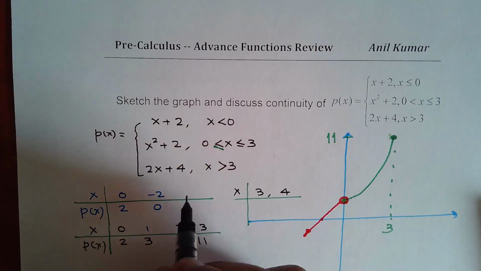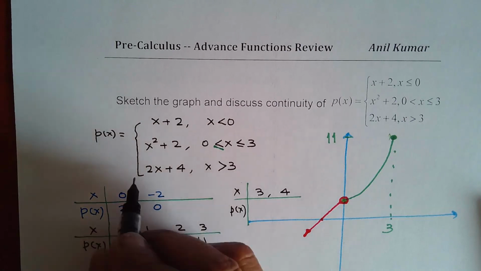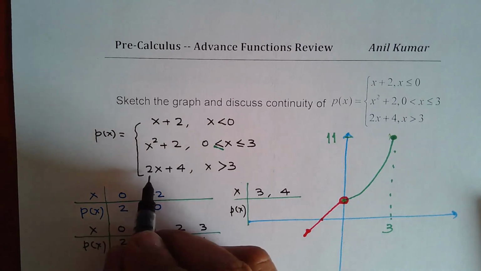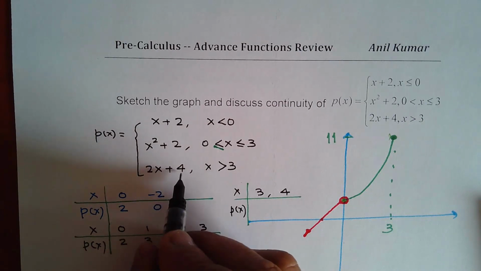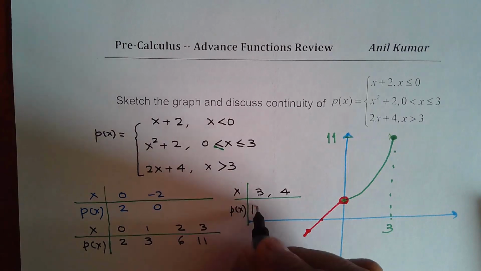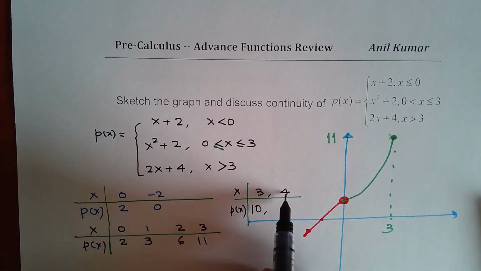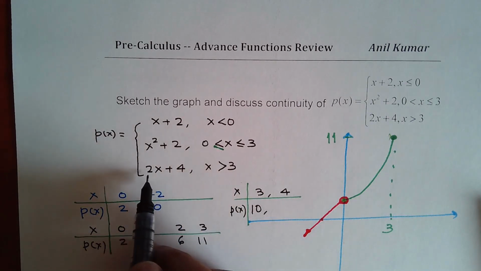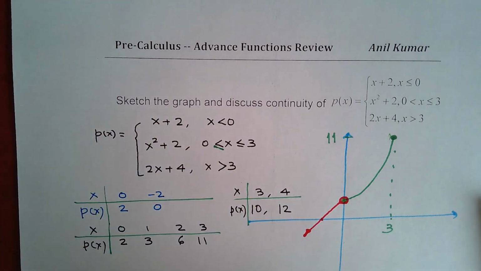If I substitute 3 here, then it will be 3 times 2, 6, 6 plus 4, 10, right? So we get 10 here. And if I substitute 4, I get 4 times 2, 8, 8 plus 4, 12. So these are the 2 values.